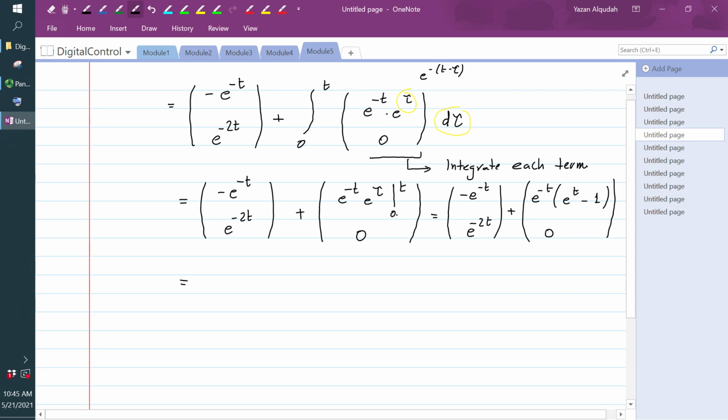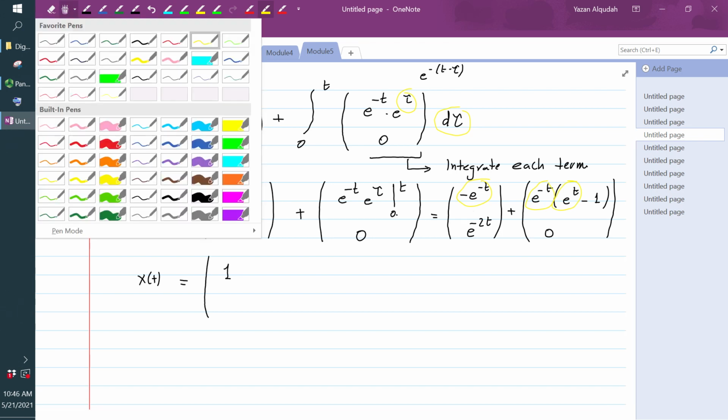Now I can put these together to get x of t, and that is going to equal, I have the 1 here. Okay, if I multiply e to negative t by e to t, that is going to give me a 1. Again, this multiplied by this: e to negative t multiplied by e to t is going to give me a 1.